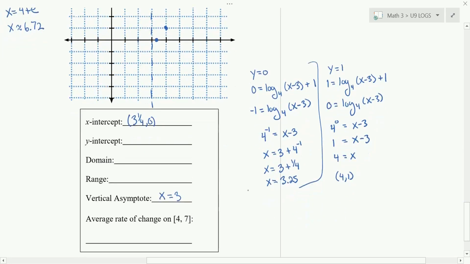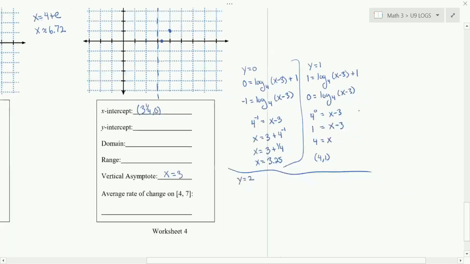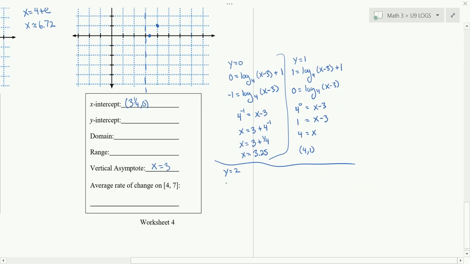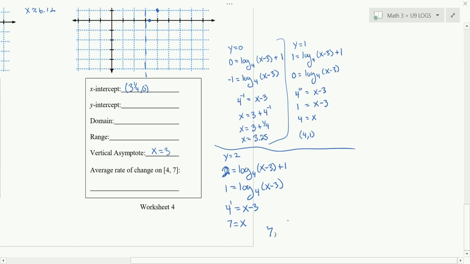We'll try one more here when y is 2. Subtract 1 first. So we get 4 to the power of 1 is x minus 3. Add 3 to both sides and you get x is 7. So (7, 2).